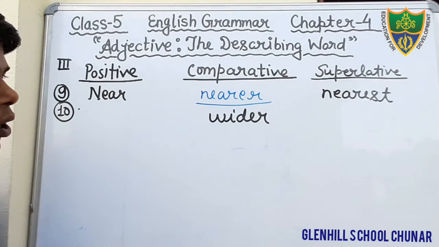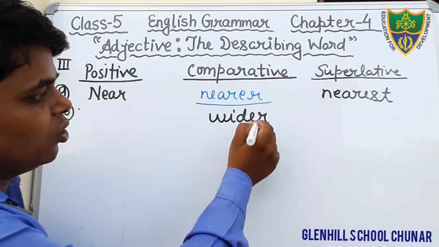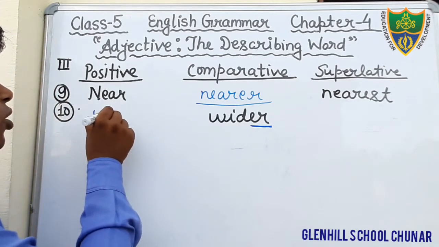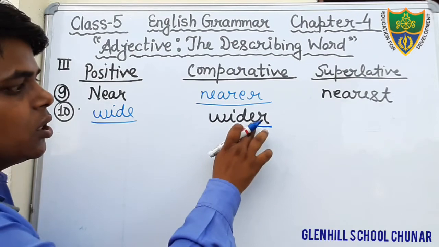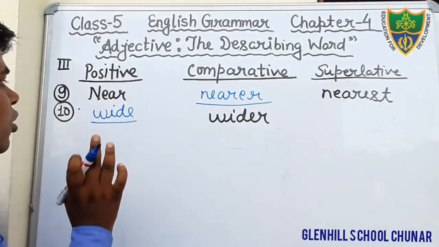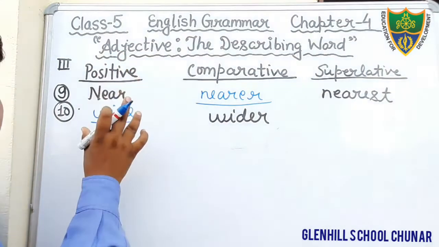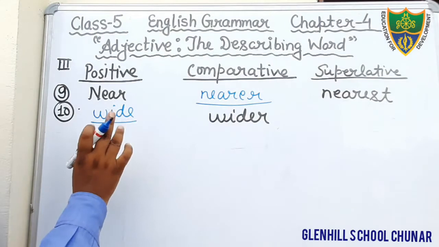For making the positive degree, we will remove ER. It becomes wide. Wide is positive degree. Wider is comparative degree, that is already given, no need to write. Okay, in the column of positive degree in question number 10, you will write the word wide because that is positive degree.